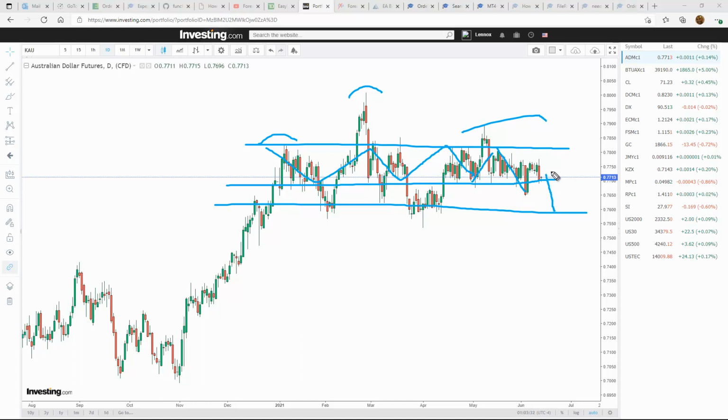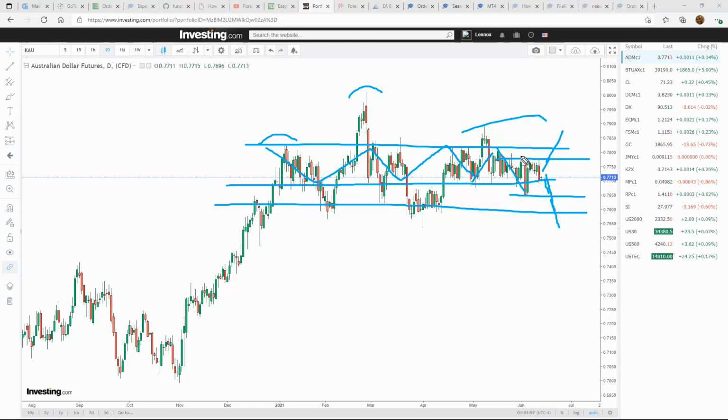Based on probability, based on what we're seeing here, there are a couple of scenarios. Price can either move up and break this current level and continue up again, or price can continue down and break this level and go to the downside. Which one will it be?